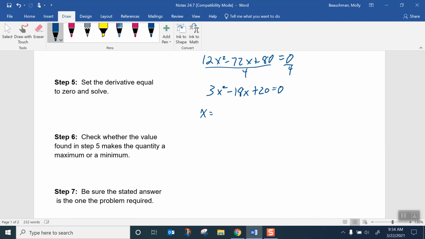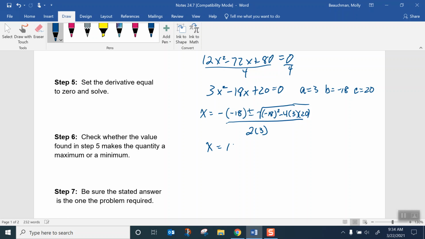x equals, where a is equal to 3, b is equal to negative 18, and c is equal to 20. So x equals negative b, which would be negative negative 18, plus or minus the square root of negative 18 squared minus 4 times 3 times 20, all over 2 times 3.